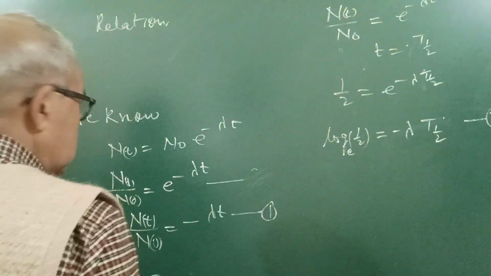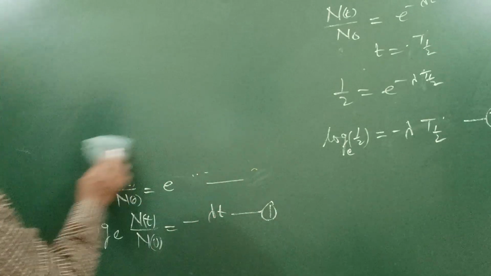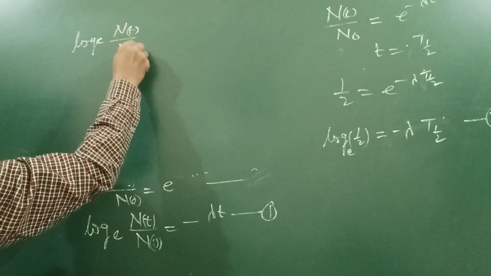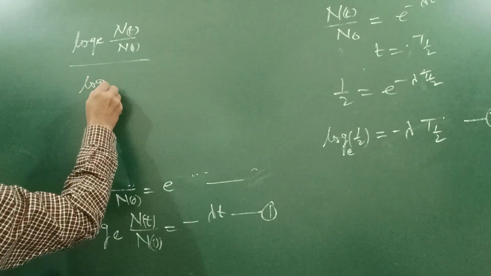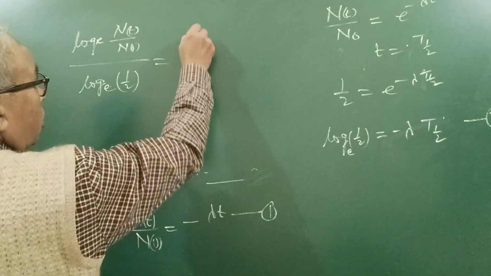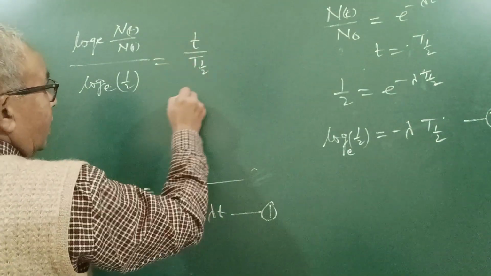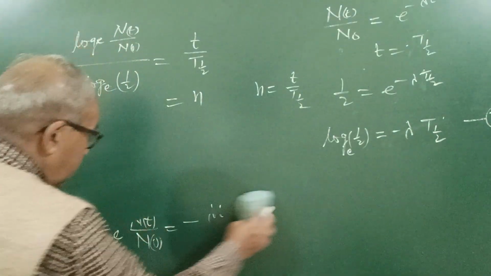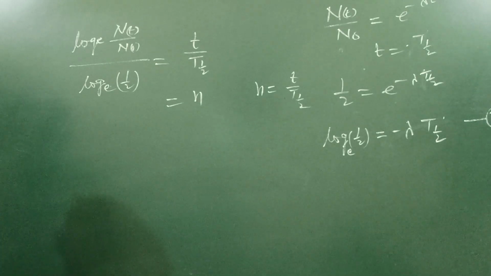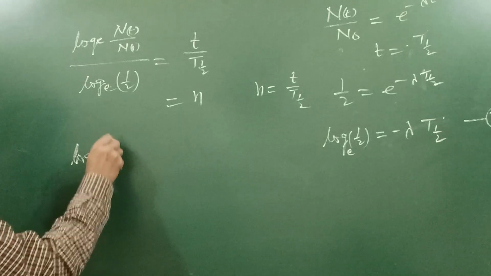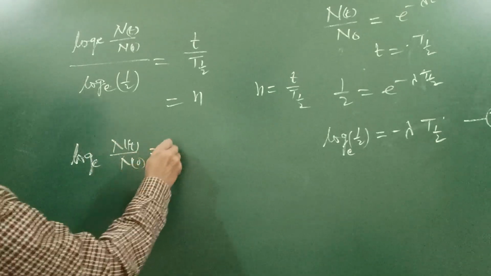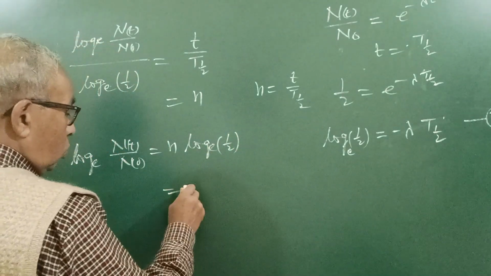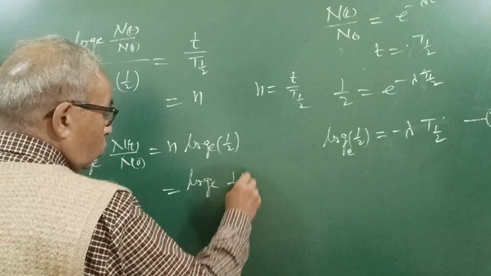Now dividing equation 1 by 2, you will get log base e Nt upon N0 upon log of half on base e is equal to t upon t half, which we can equal to n, equal to t upon t half, and therefore log of Nt upon N0 equal to n log base e 1 by 2, which is equal to log of 1 by 2 to the power n.